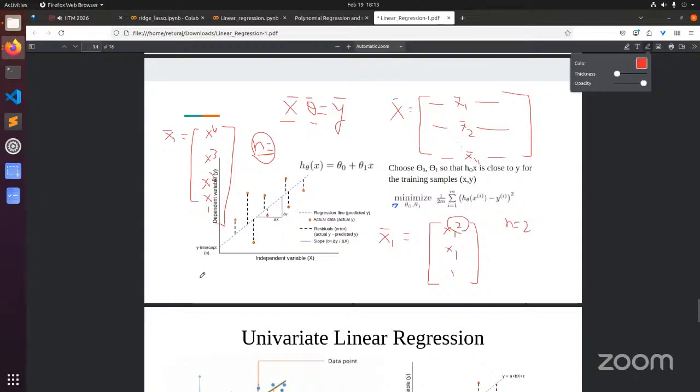So when you assume it's a degree 4 polynomial, the y hat prediction looks like theta 4 x to the power 4 plus theta 3 x cube plus theta 2 x square plus theta 1 x plus theta naught, right?